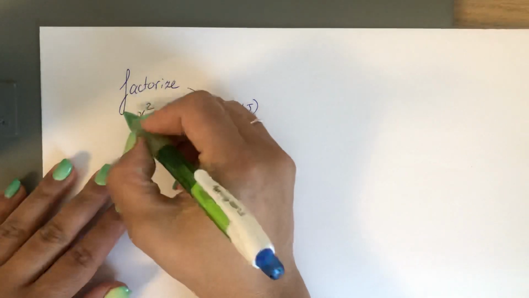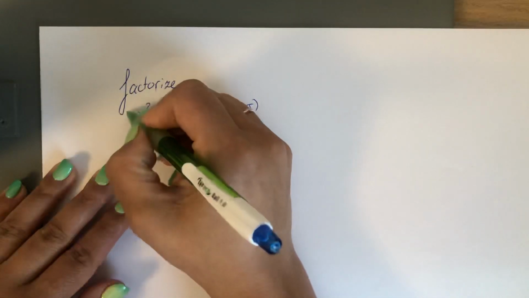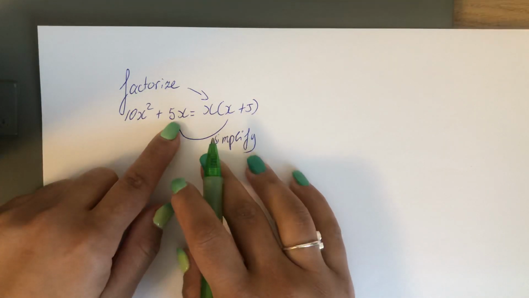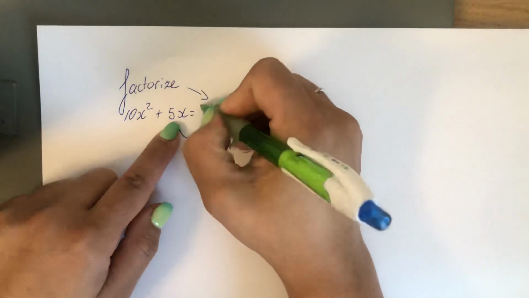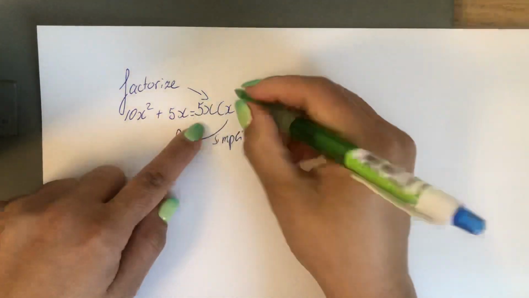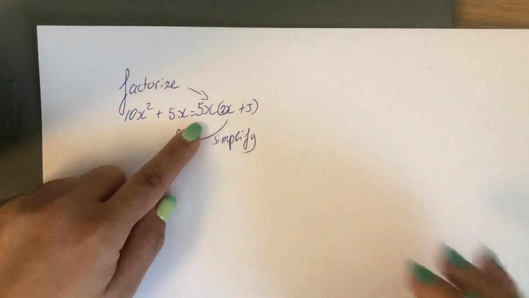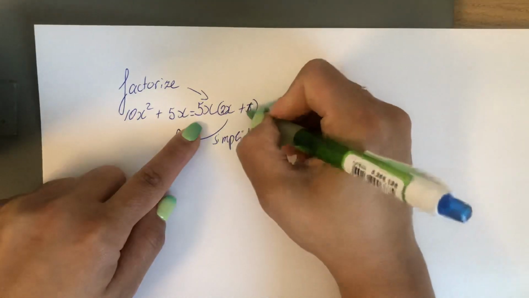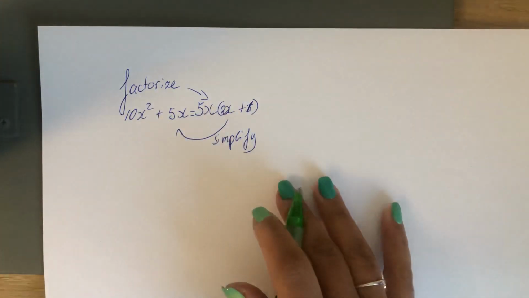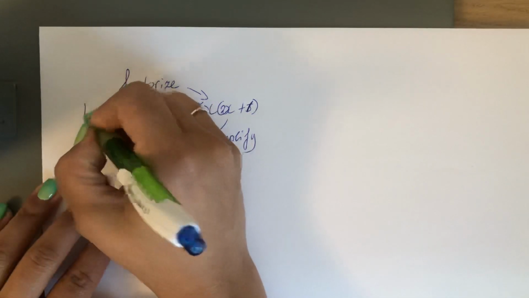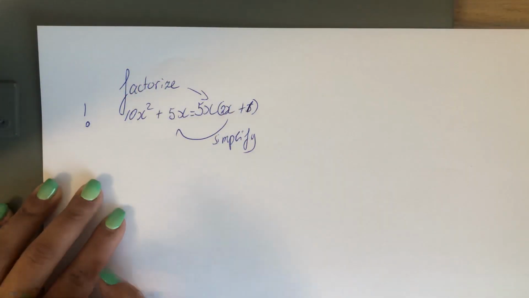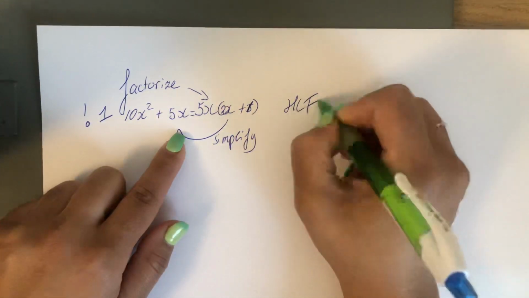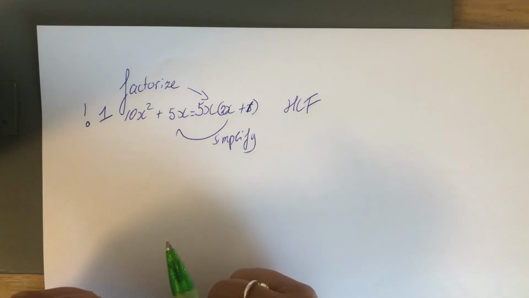And of course, if over here you would have 10x, you also make sure the numbers have 5 as a highest common factor. You place that one in front, and then the 2 goes here, and over here you get 1. So this is one way of factorizing, method 1, using the HCF method. I call it the highest common factor method.